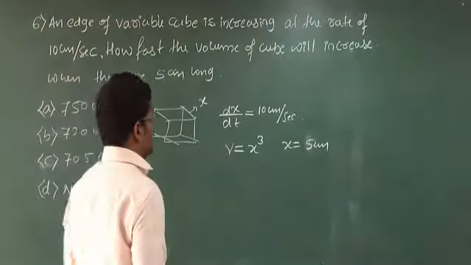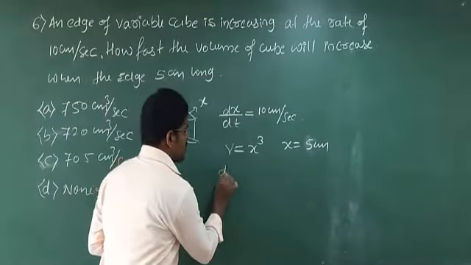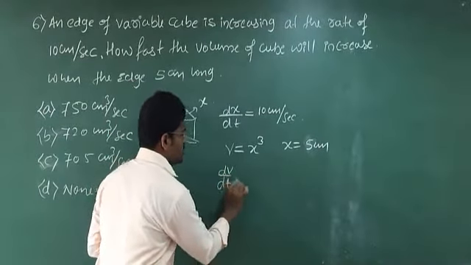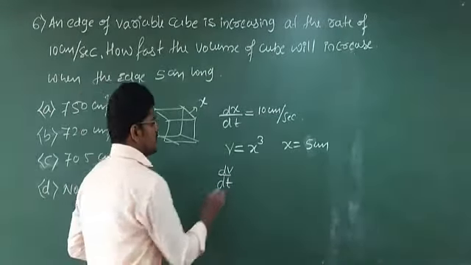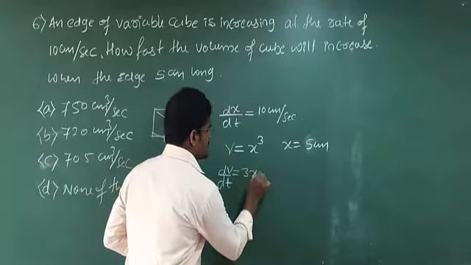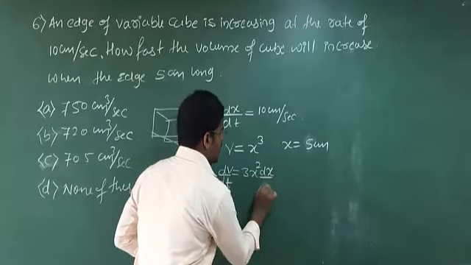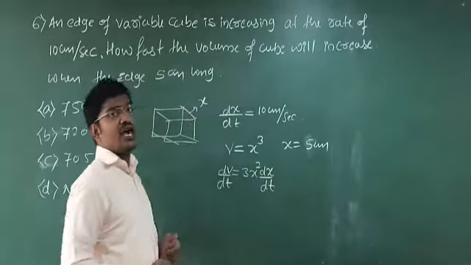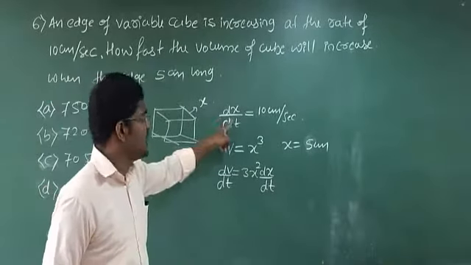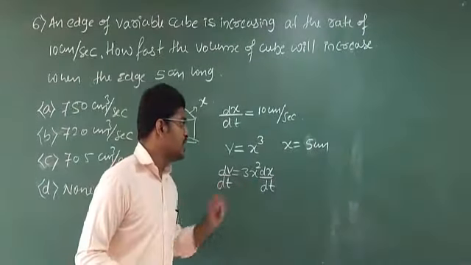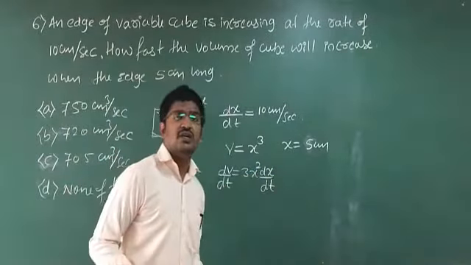Clear? So let us calculate rate of change of volume with respect to time. So it will be equal to 3x square into dx by dt. Clear? So already they have given dx by dt, that is 10. X they have also mentioned 5.